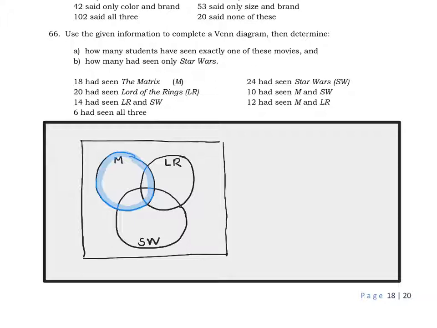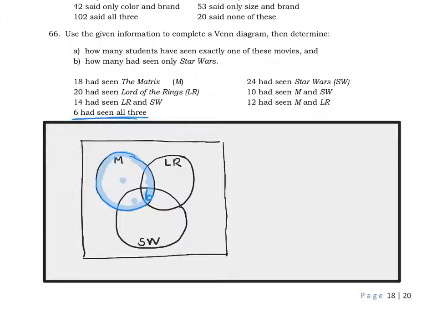So 18 had seen The Matrix is going to be this region, this region, this region, and this region, all added together. So I'm not ready to do that yet. In fact, I'm going to need to start out where it says 6 had seen all 3. Well, that's going to go right here. Okay, so those are the number of people who had seen all 3.